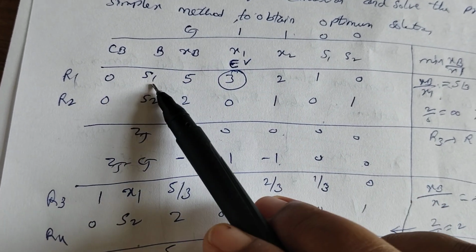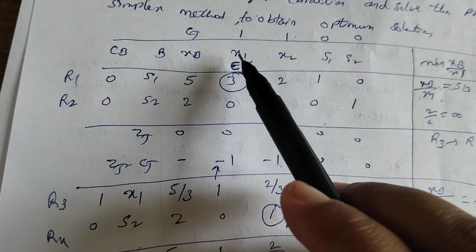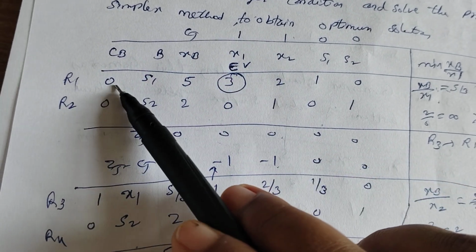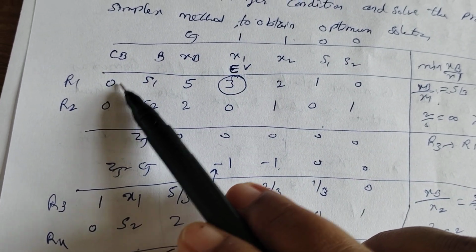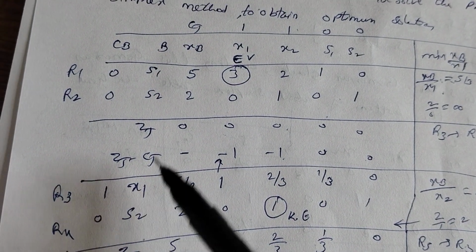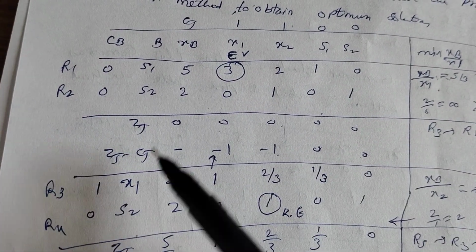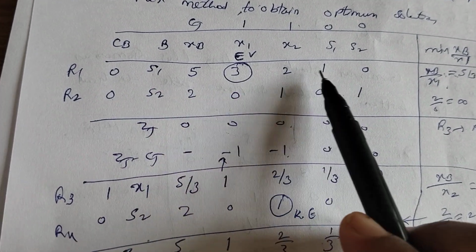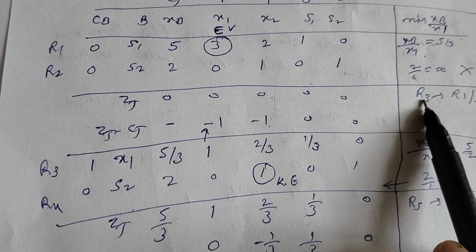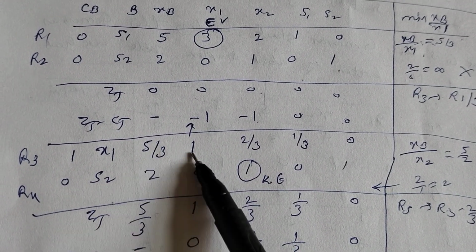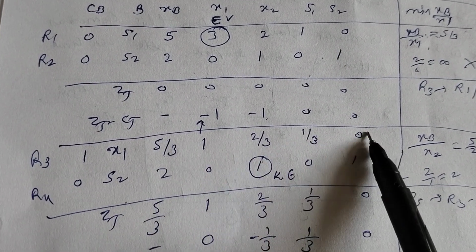So you replace s1 by x1, and the coefficient of x1 in our objective function replaces the basic cost value, which becomes 1. Then the remaining values come from the transformation R3 = R1 by 3: 5 by 3, 1, 2 by 3, 1 by 3, 0.